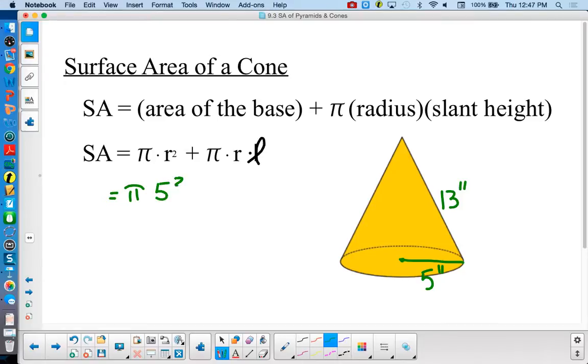Pi times 5 squared plus pi times 5 times 13.